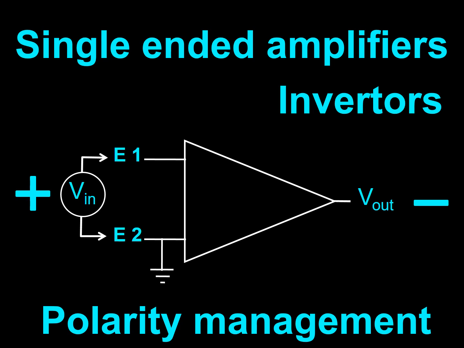We call inverters or negative amplifiers those that change the polarity of the signal. Single-ended amplifiers that invert the signal are often labeled by a negative sign inside the triangle.